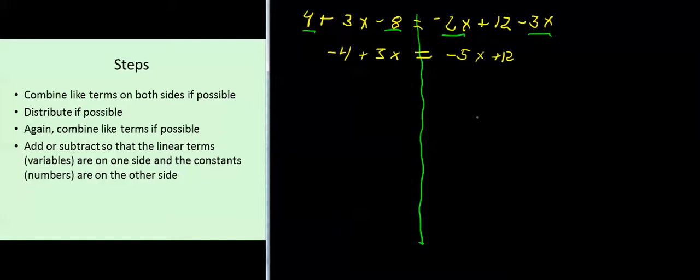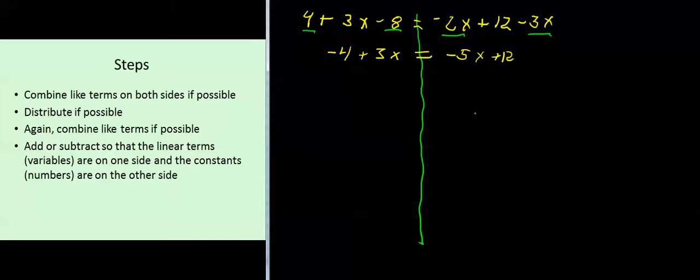Next, we want the variable on one side. We want the constant, the number, on the other side. So we are going to add or subtract. Now the variable can be on the left or the right. I always choose based on wanting my coefficient to be positive.